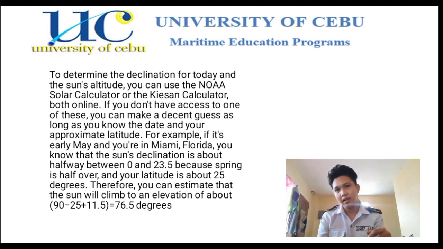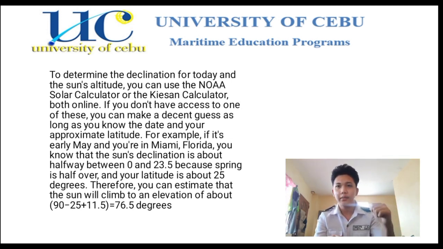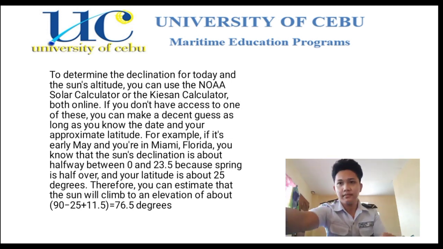You know the sun's declination is about halfway between 0 and 23.5 because spring is half over, and your latitude is about 25 degrees. Therefore, you can estimate the sun will climb to an elevation of about 90 degrees minus 25 plus 11.5, which equals 76.5 degrees.